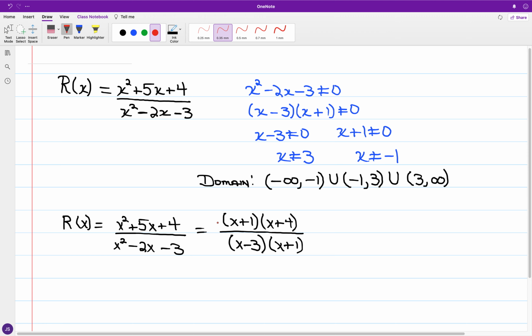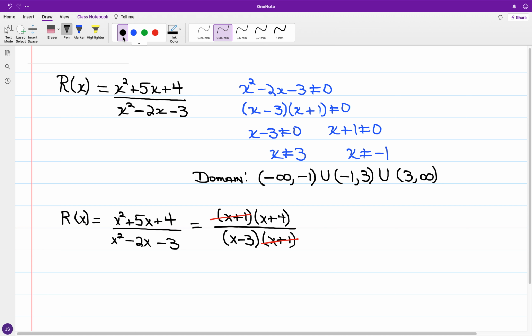Here, x plus 1 is going to completely cancel, so the reduced form of this rational function is x plus 4 all over x minus 3. If the denominator factor completely cancels, that means that for the restricted value there's going to be a hole.